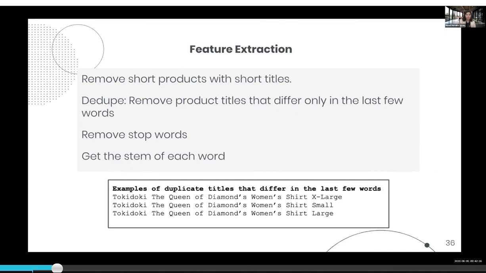And then we removed duplicate product titles that differ only in the last few words. For example, I put some examples here, like Tokidoki, the Queen of Diamonds shirt extra large, and Tokidoki, the Queen of Diamonds shirt small. So these are basically the same item, just different sizes. So I removed the duplicates of that.